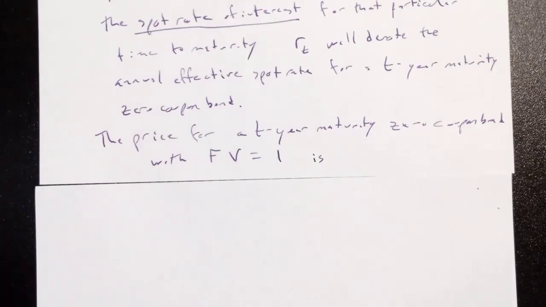This is a calculation you should be able to do immediately. If I know its future value is 1, there are no coupons, what's the present value?